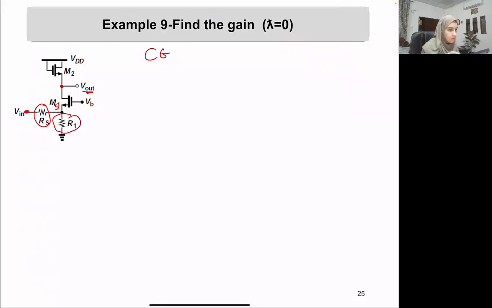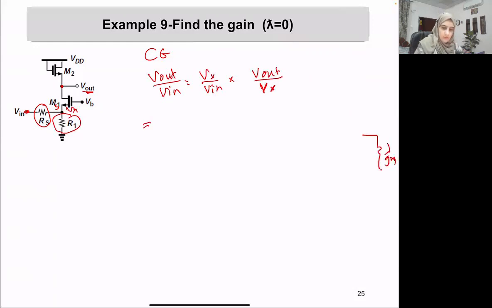So again, I need to find V out over Vn, equals Vx over Vn multiplied with V out over Vx. Vx over Vn again, we will have 1 over Gm1, the input impedance of the amplifier, we have R1, and we have Rs here, and we have Vn.